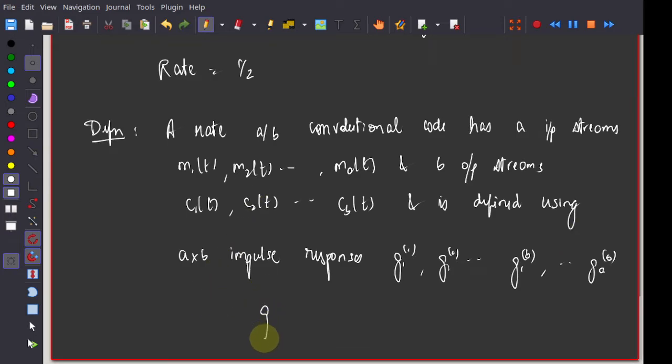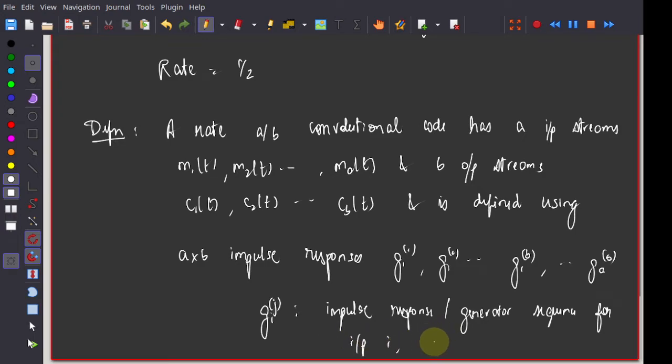So GIJ is the impulse response, sometimes called the generator sequence, for input I and output J.